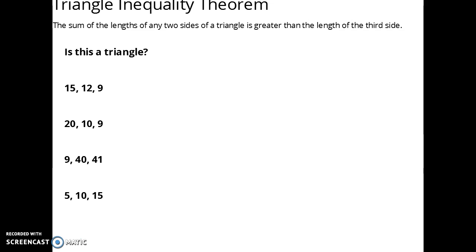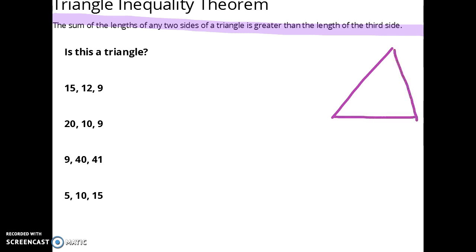Now we're going to work on the triangle inequality theorem. The triangle inequality theorem says that the sum of the lengths of any two sides of a triangle must be greater than the third. So if I pick any two sides of that triangle, their sum has to be greater than the length of the third.